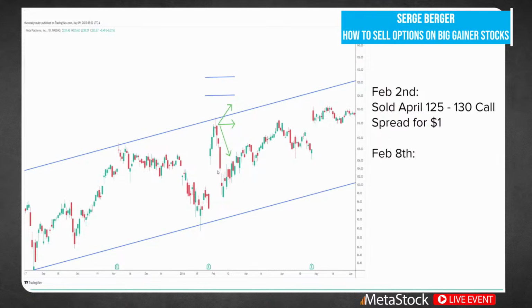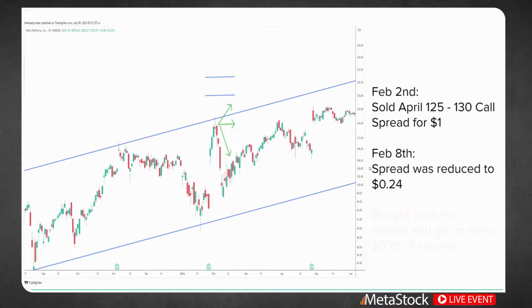But just in this example, to keep it simple, the stock went down and we were able to buy back this spread, as it's called, for just 24 cents, meaning we were able to make an income of 76 cents, which translates into $76 per options contract, or $760 of profits with 10 options contracts.